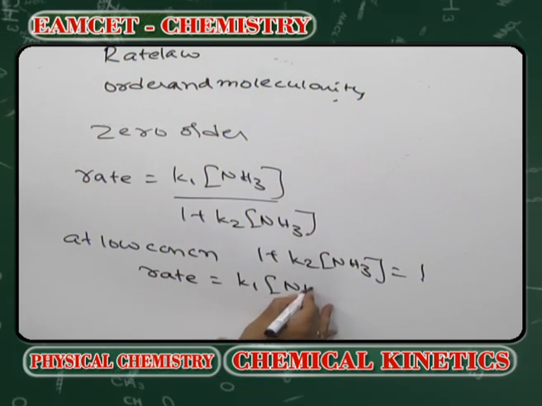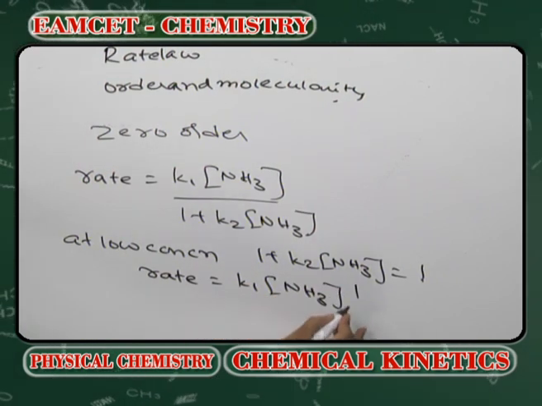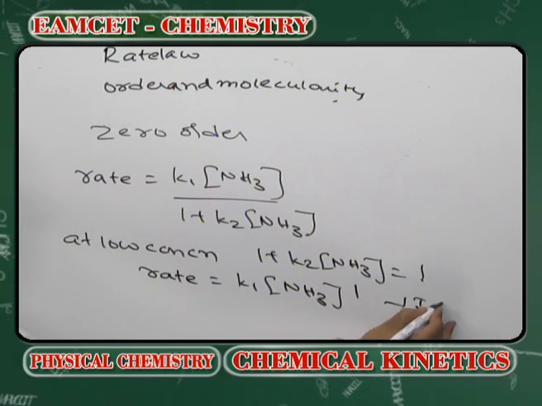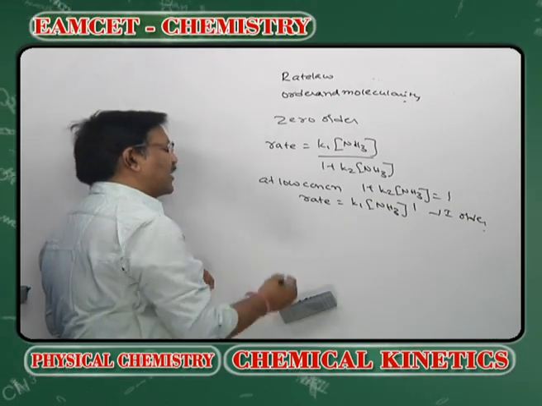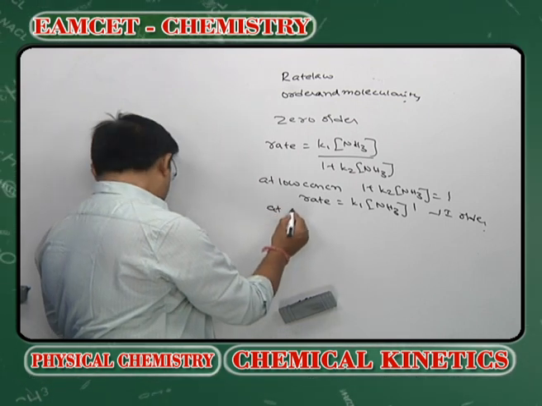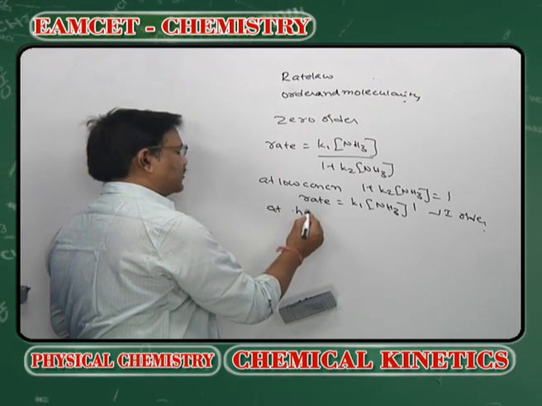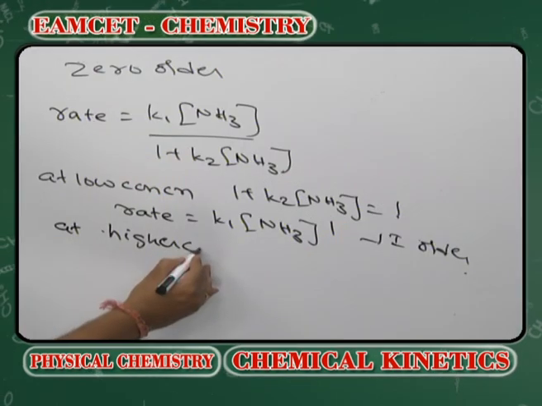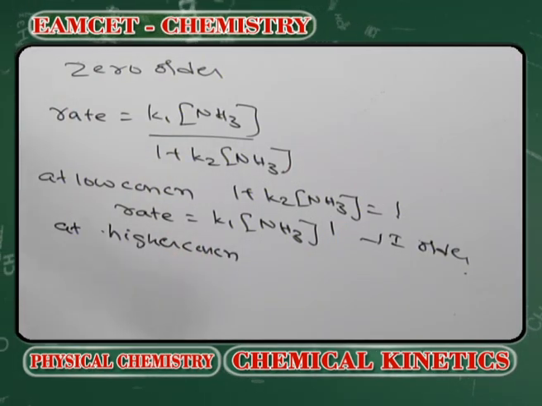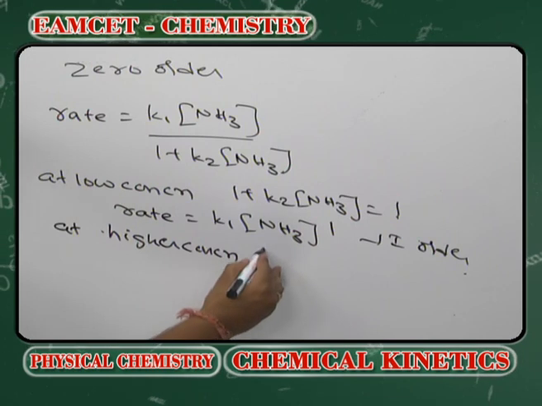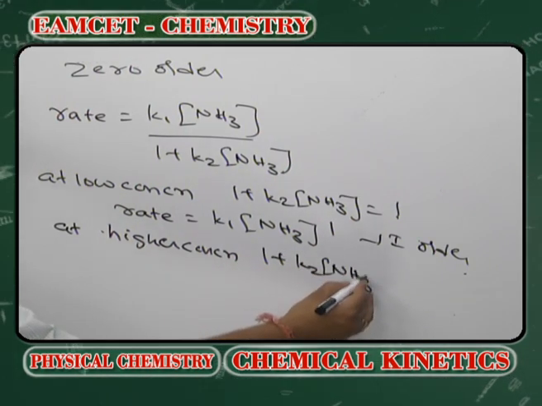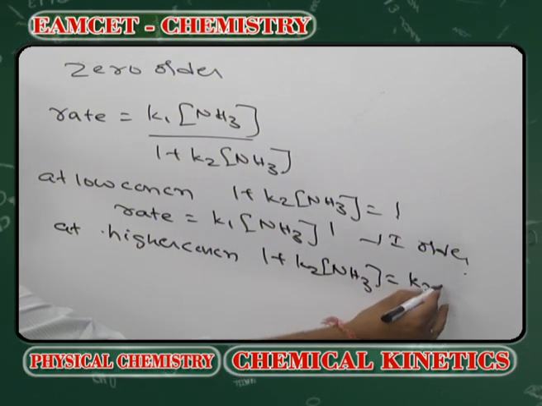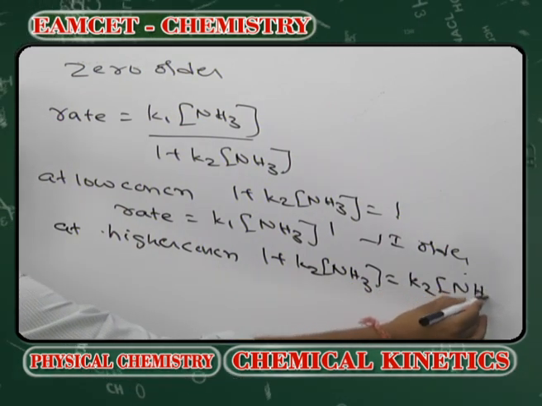In such a case, rate follows first order kinetics. At higher concentrations, what will happen? 1 plus K2 into NH3 will be equal to K2 into NH3.